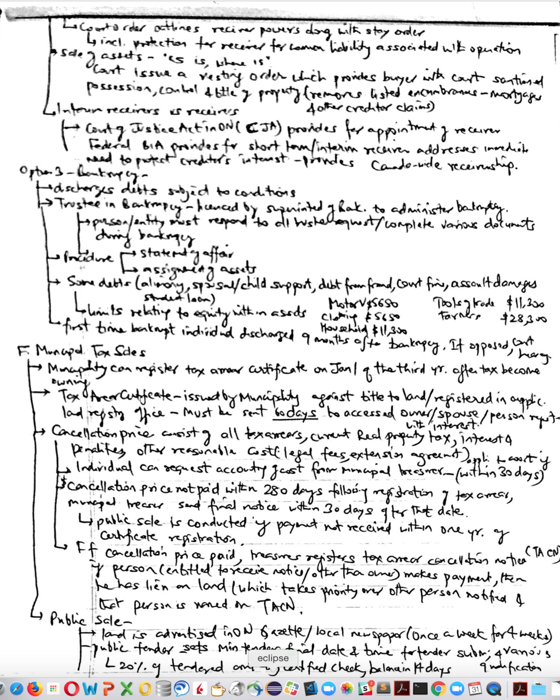The tax arrears certificate includes the municipality name, the street address of the property, a location if no address is available, a statement of tax arrears from the municipality treasurer, a statement that the land will be sold by public sale if the cancellation price is not paid, various notices, procedural matters concerning how the property will be sold, and the legal description of the land. Note that the certificate registration must be sent within 60 days to the assessed owner, his or her spouse, or every person having a registered interest as shown in the land registry records.